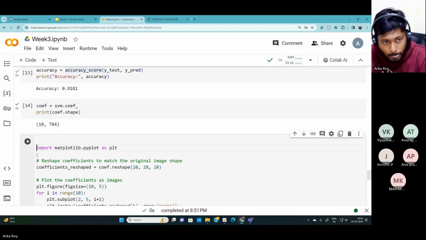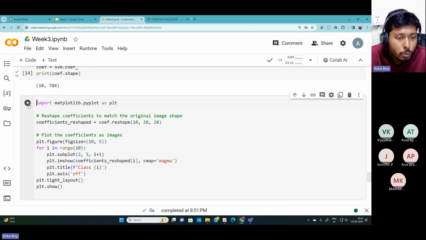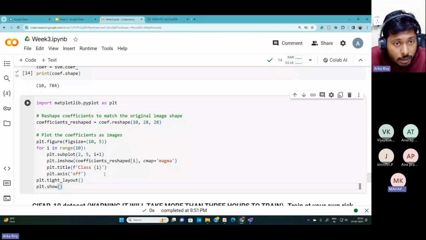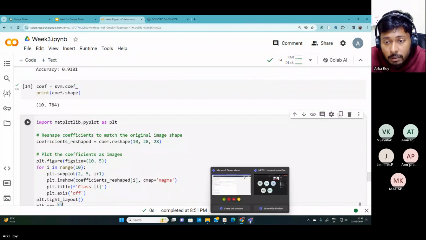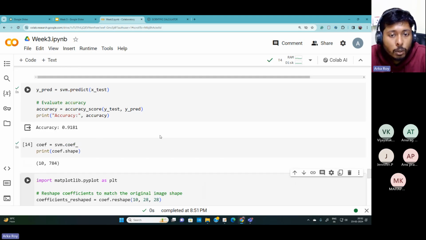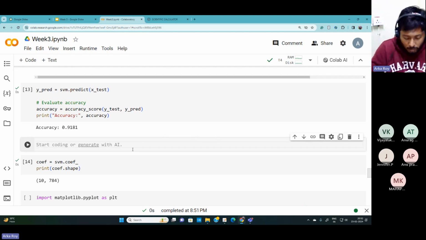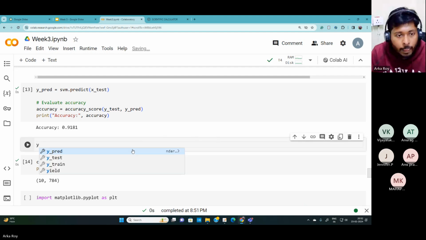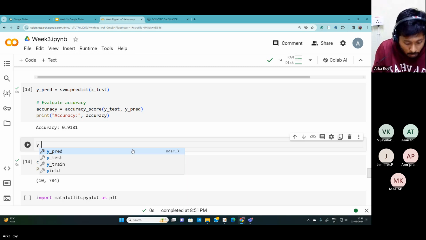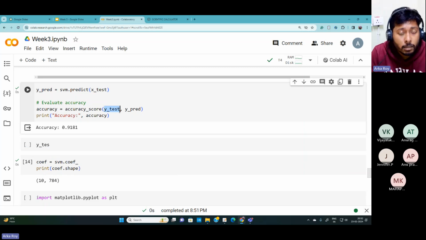Someone asks: the number of classes, how many different types of picture images we are given, how will it calculate that? Okay, let me show you. It is y_test.